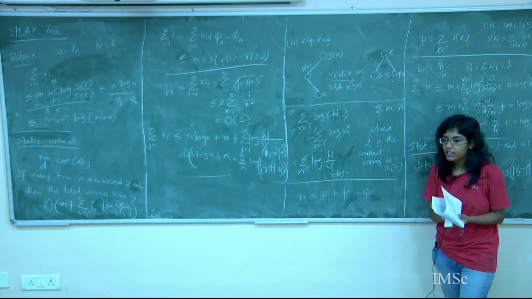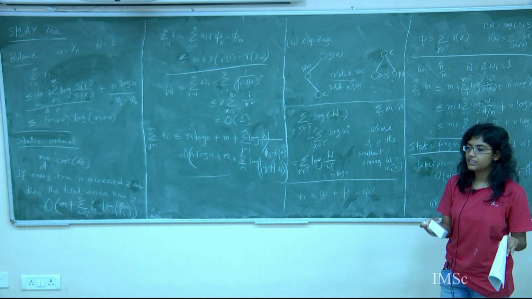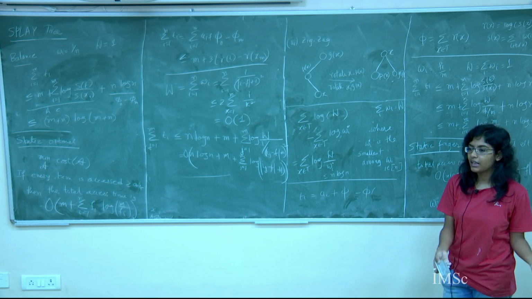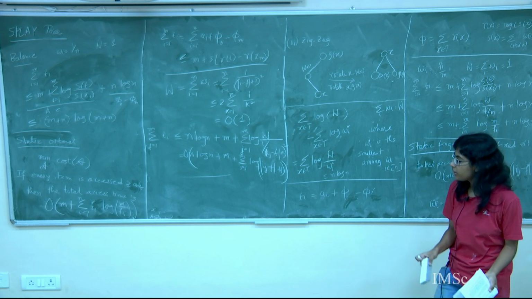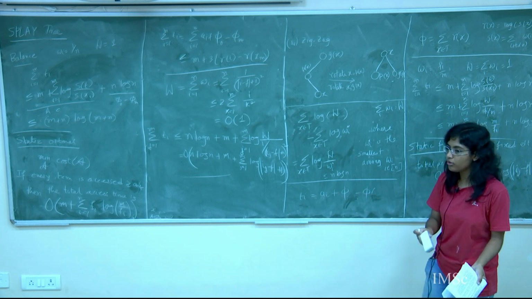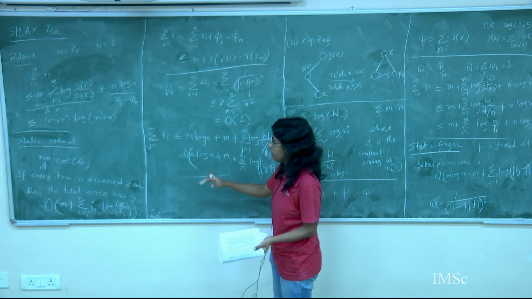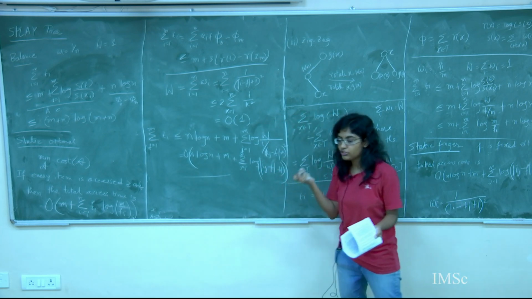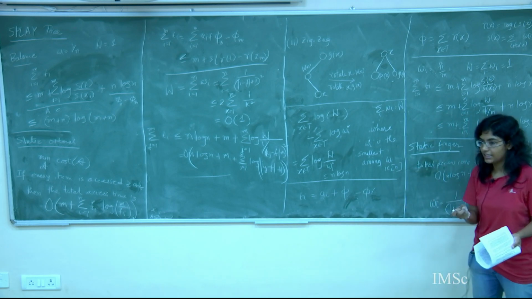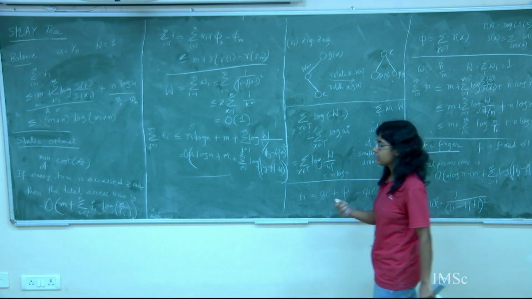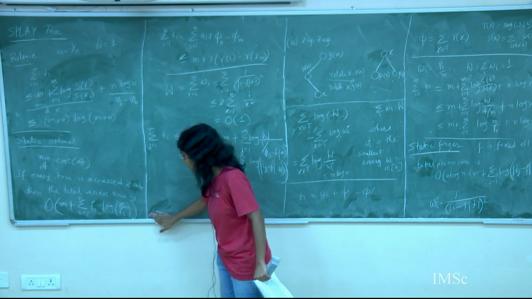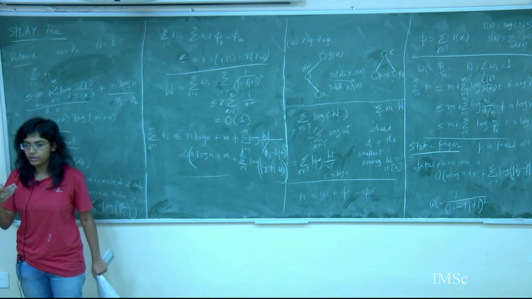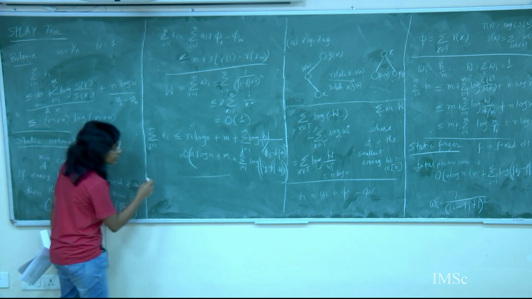It's like the RAM concept: you have a lot of things in your hard disk, you bring something to the RAM, and whatever is in the RAM you can access fast, right? So if I have accessed something before, it should be closer to the root, and I should be spending less time to access that element. So the working set property says that if you are searching for few elements again and again, it should not take you a long time.